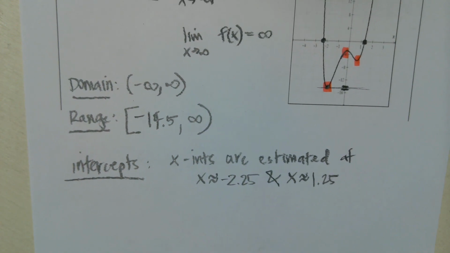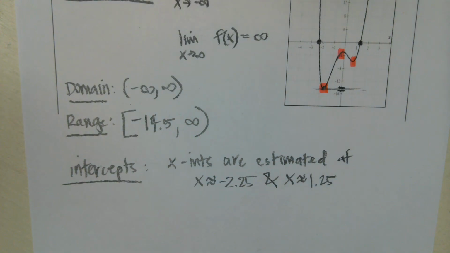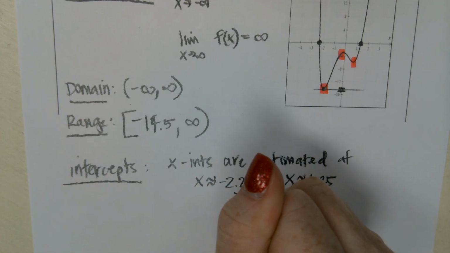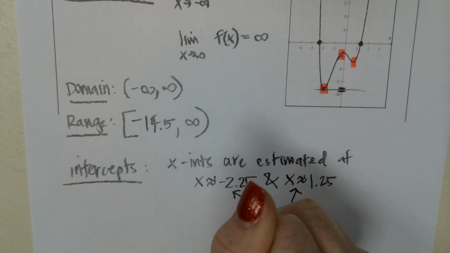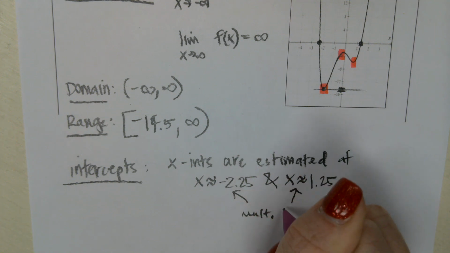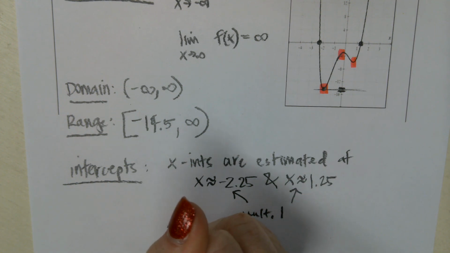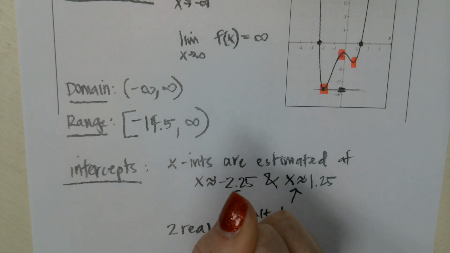If I see 3 turning points, that means that my degree has to be at least what? 4. Yeah. So I'm going to say right here that these two have a multiplicity of 1. So I'm going to say that there are 2 real roots.